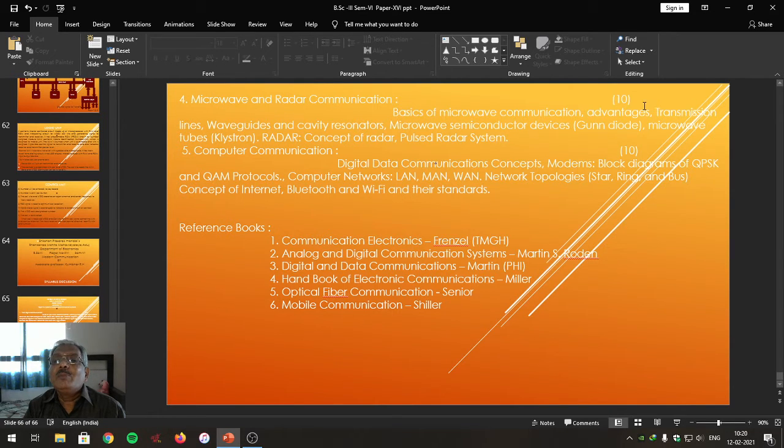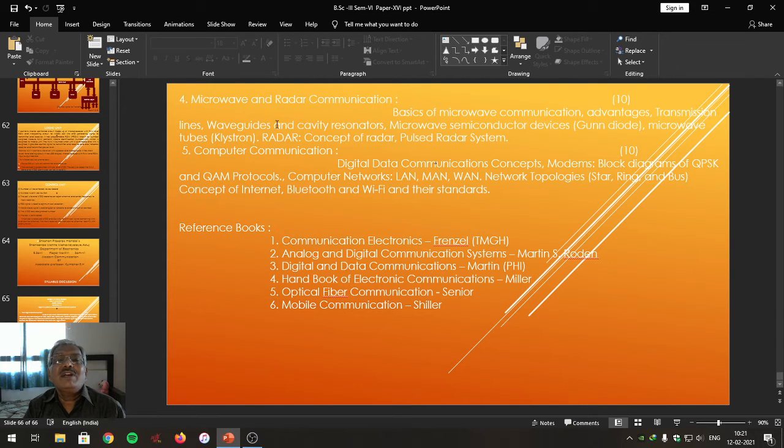Then meaning of transmission lines, whether our copper wire is being used for microwave communication or not. If those are not used, then what are the microwave carrying agencies that we are going to study in the transmission lines and also in the waveguides.